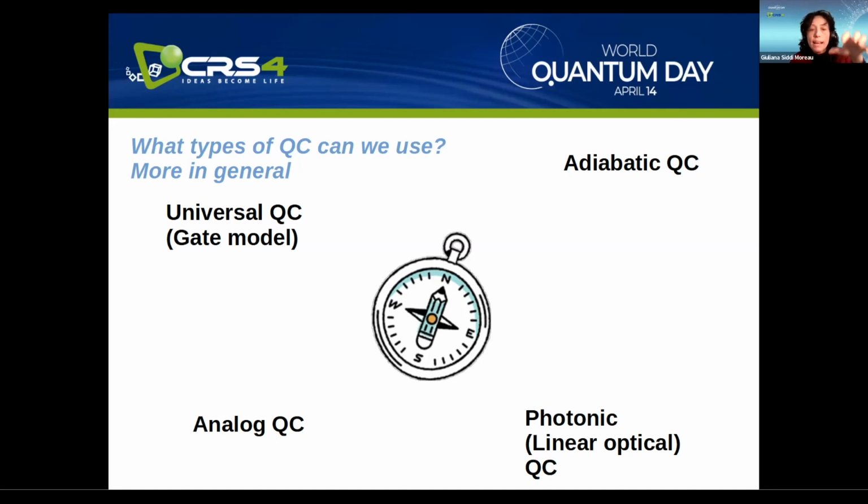So we can model a Hamiltonian on an analog QC, tuning all these parameters and finding a ground state. A quantum annealer, also known as an adiabatic quantum computer, is a different type of computer that addresses classical optimization problems by mapping them onto a set of interconnected qubits. And then they search for a solution that minimizes the total energy.